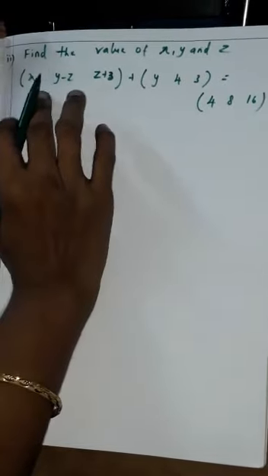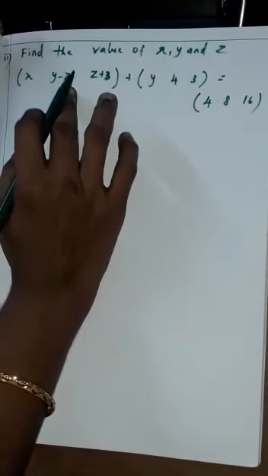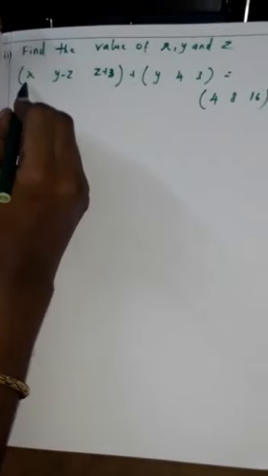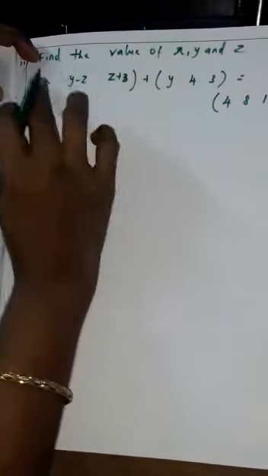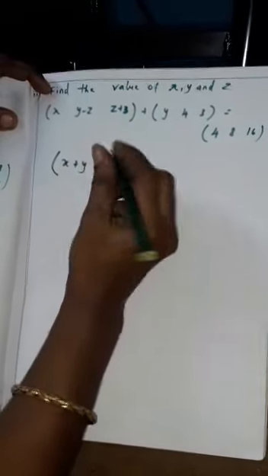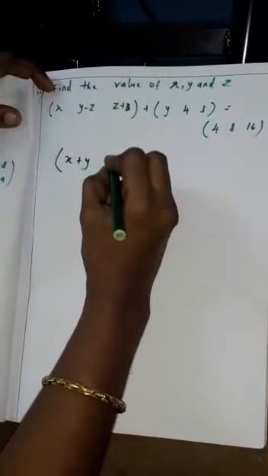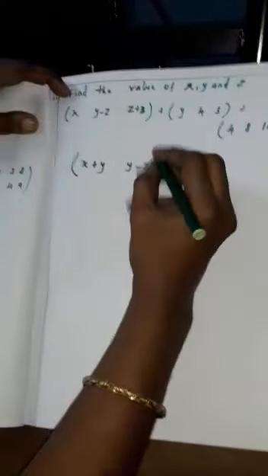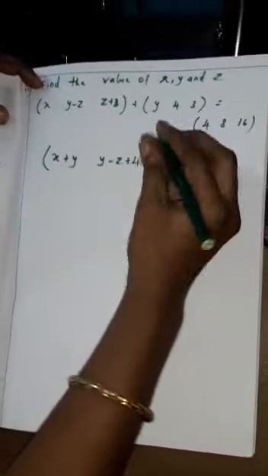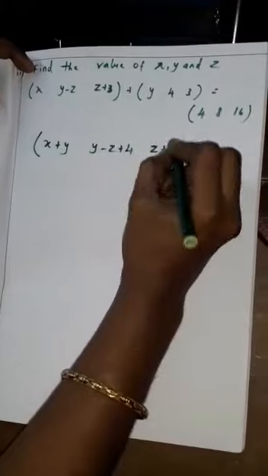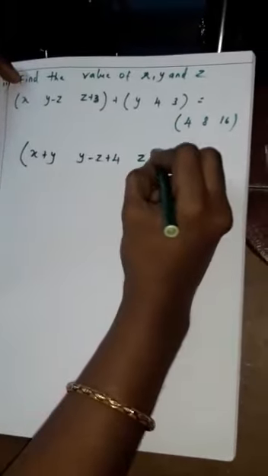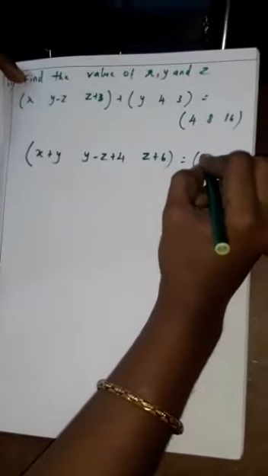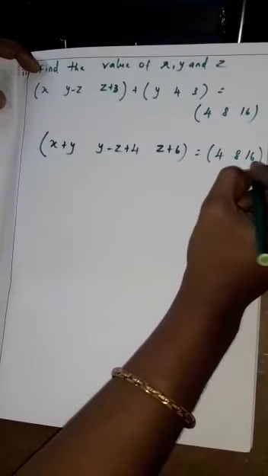First, two matrices are given, so add the corresponding elements on the left hand side. The corresponding elements are x plus y, the next is y minus z plus 4, and the next is z plus 3 plus 3, which is z plus 6, equal to 4, 8, 16.